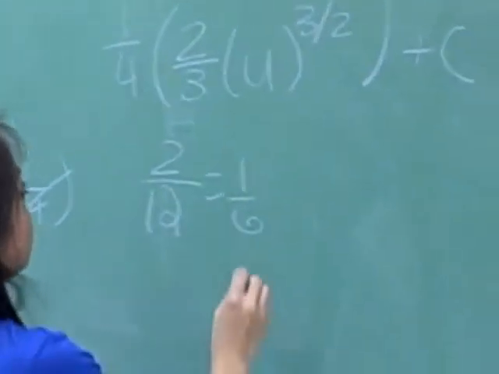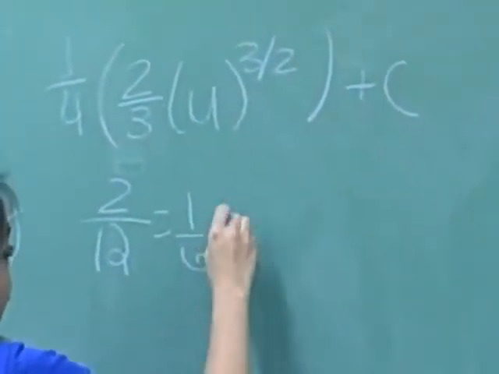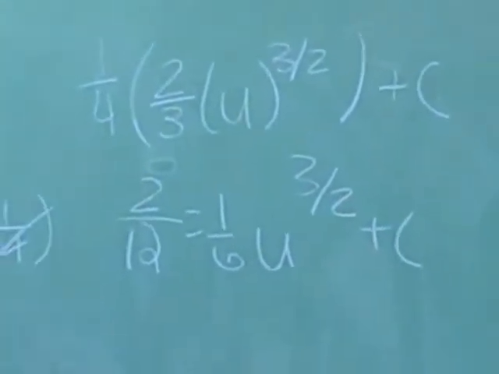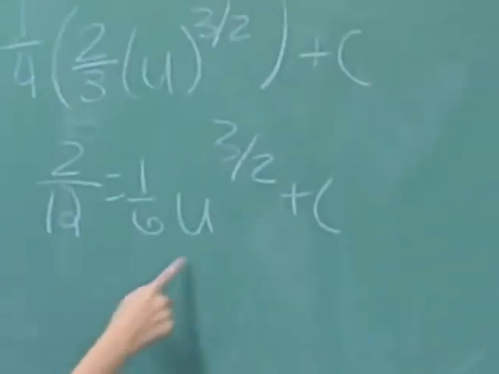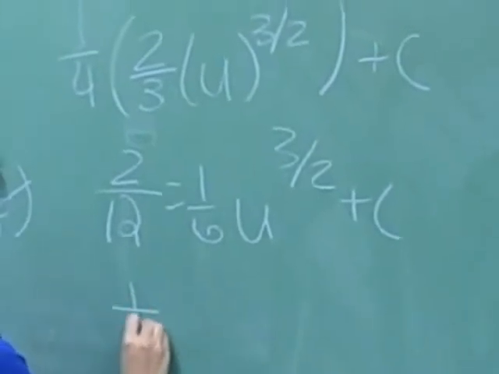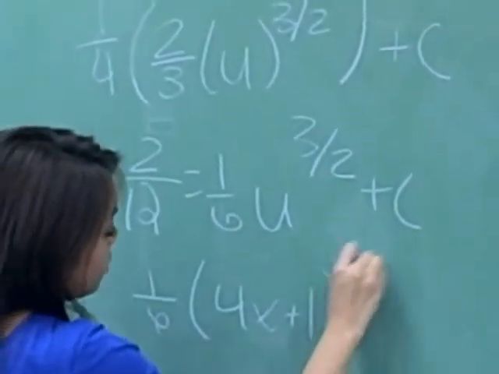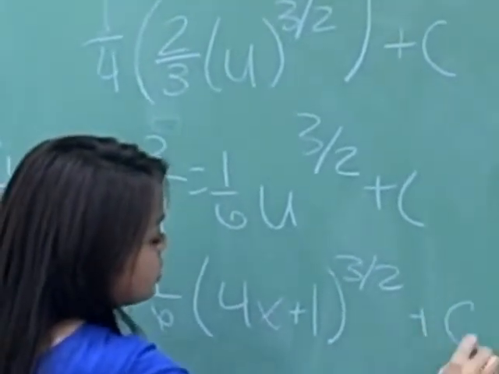And then 1/6 times u to the 3/2 plus c. So let's rewrite it with our 4x plus 1. Just plug it in for u. So 1/6 times (4x plus 1) to the 3/2 plus c.